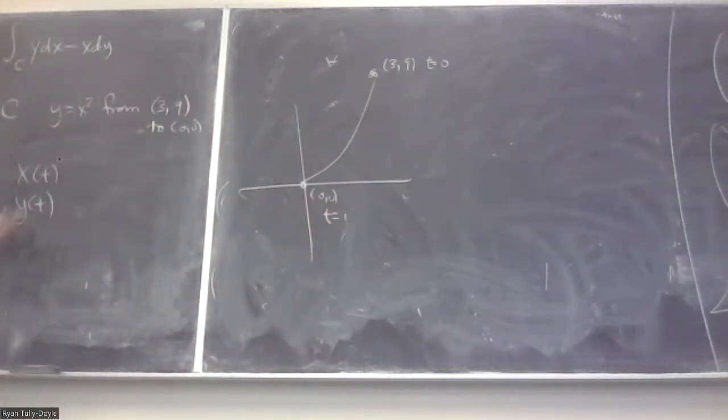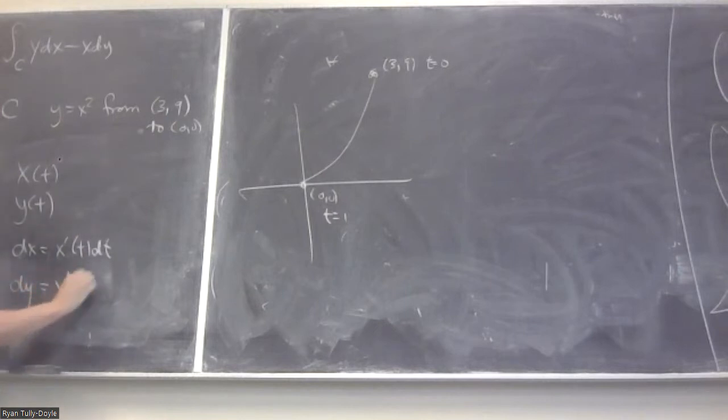Then I could use the fact that dx is equal to x prime of t dt, and dy is equal to y prime of t dt, and plug everything in and have a t integral to work with instead. So this form is easy to work with after you figure out a parameterization of the path you're working on.